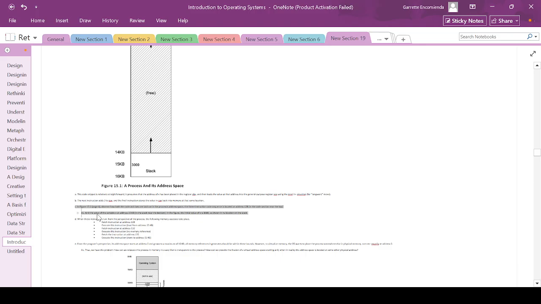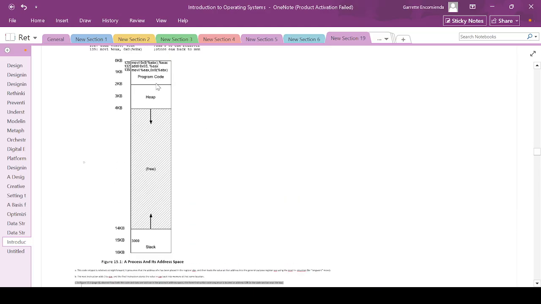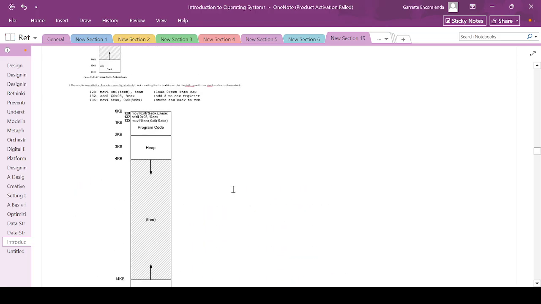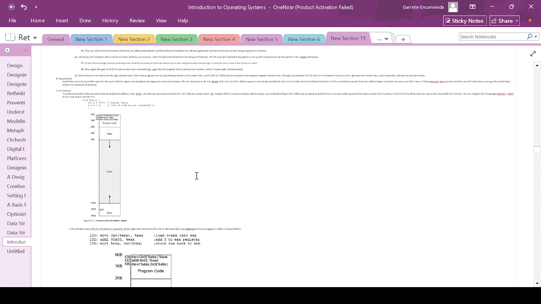So in figure 15.1, observe how both the code and data are laid out in the process address space. The 3 instruction code sequence is located at address 128 in the code section near the top.